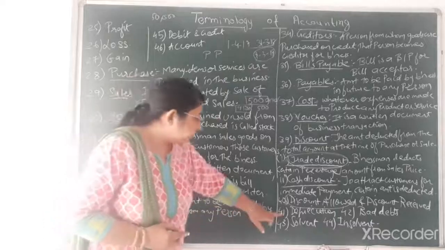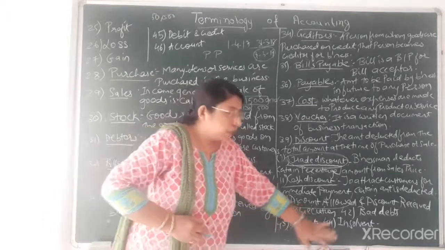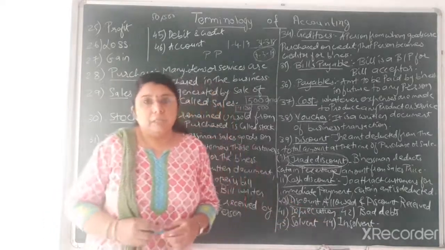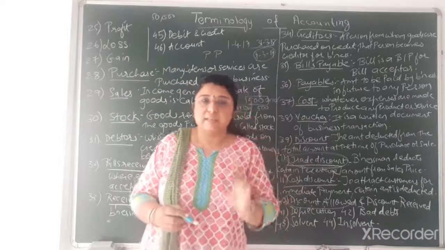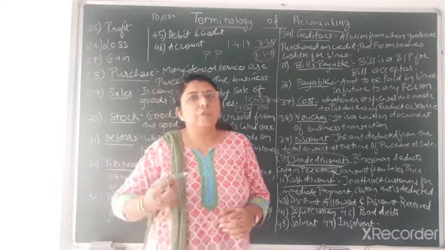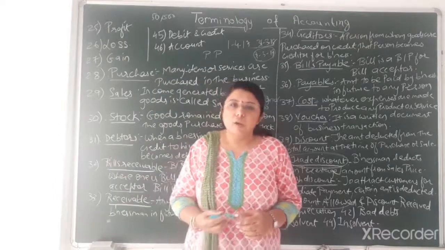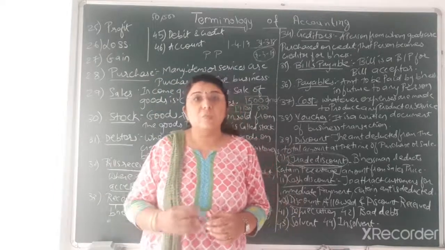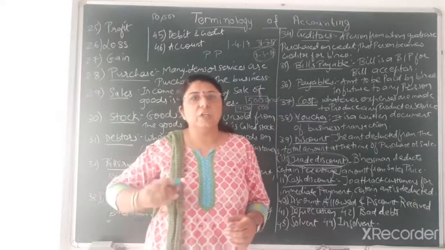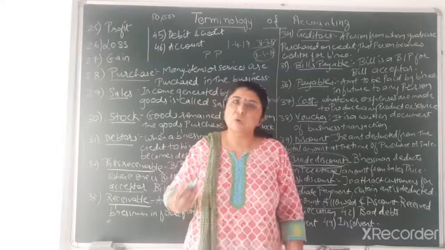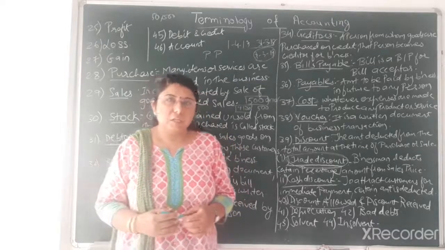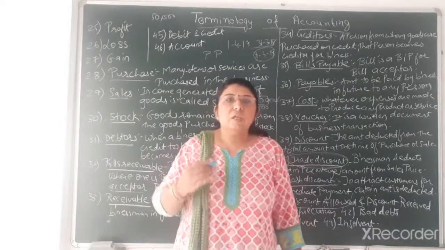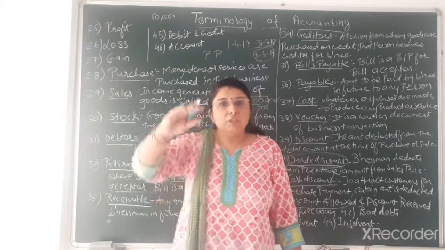Next 41, that is depreciation. Now what is depreciation? Suppose we know the terminology, what are assets. Assets means machinery or furniture that we purchase not on a regular basis, but after every 5 or 10 years we need to purchase new machinery in place of the old one. Whatever machinery we purchase, after 5 years its value will be lowered.